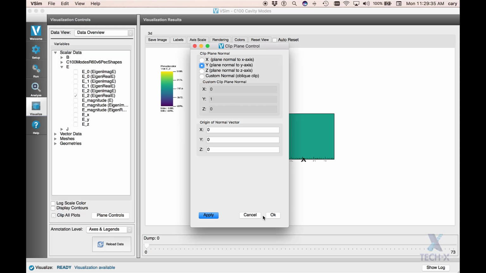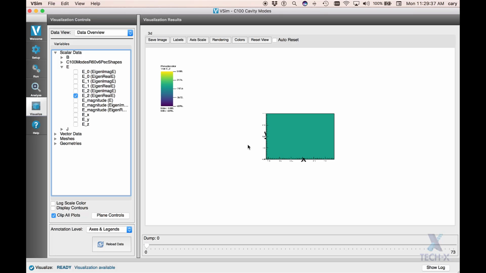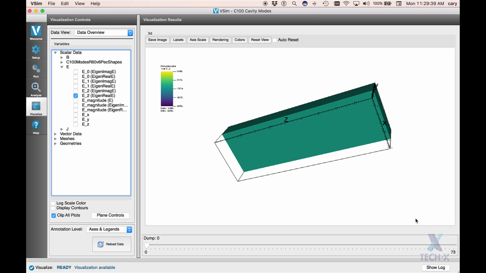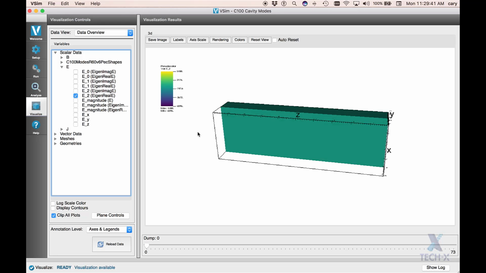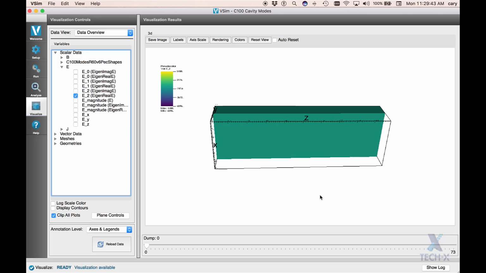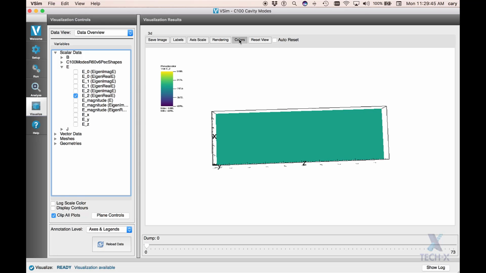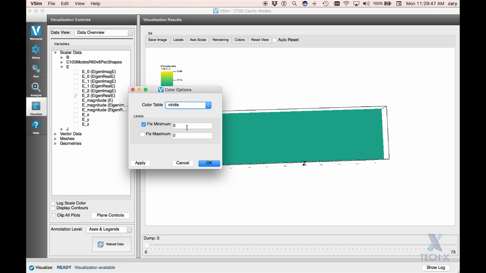Clip it in the Y direction. Turn it around so we can see it. But now, in order to see it accurately, we're going to fix a minimum and a maximum so that we can see what's going on.